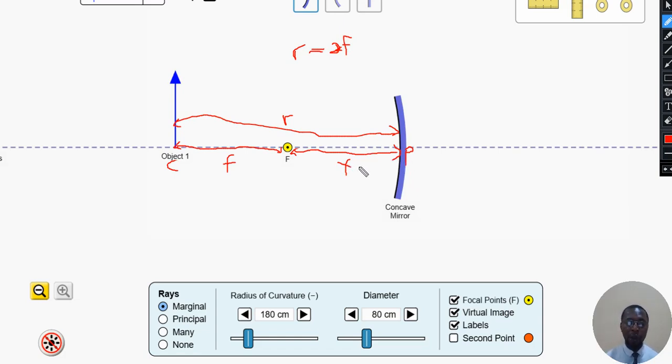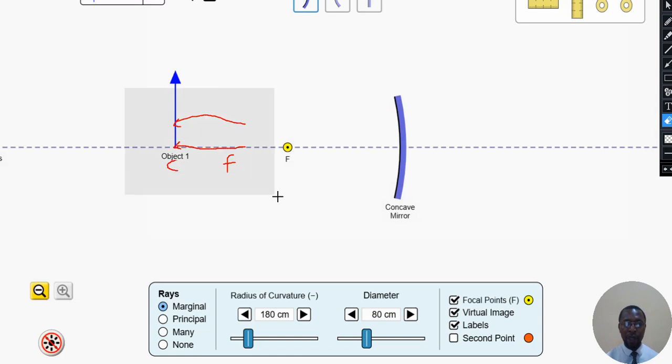So please, let's take note of these terminologies. Between center of curvature and the pole is called the radius of curvature, which is the same thing as 2f. Now between the focal point and the pole is called the focal length. All right. So this information is very important that we do not forget. Okay, I've only established that now.